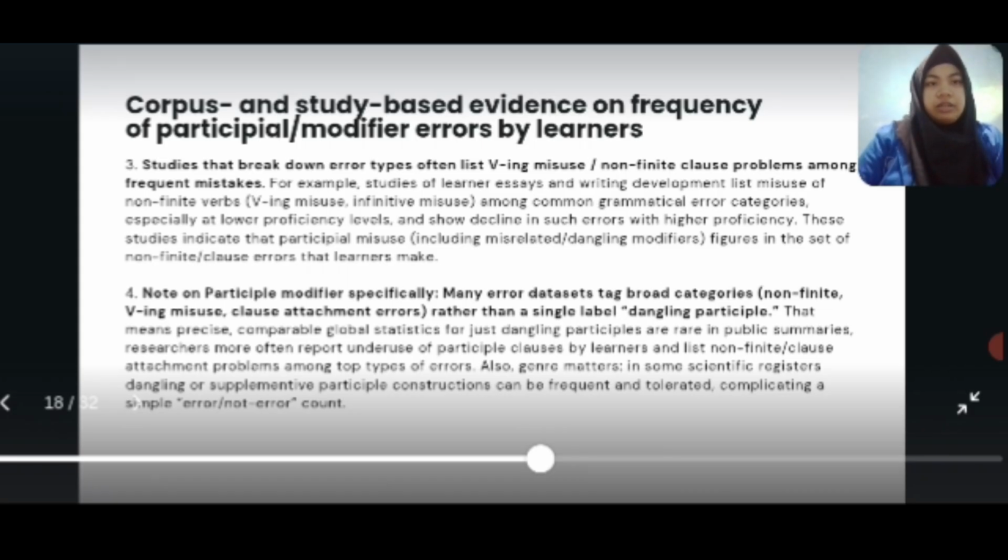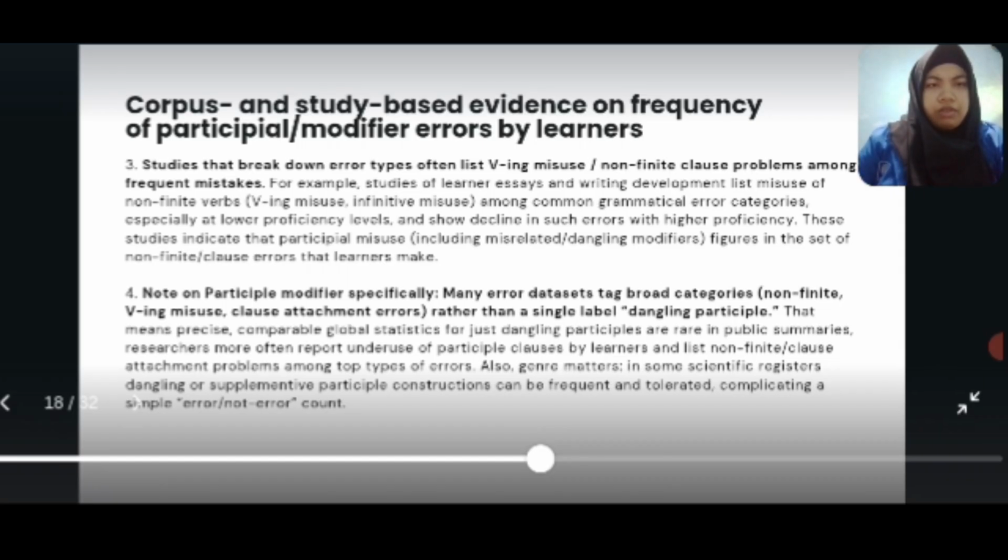These studies indicate that participle misuse, including related or dangling modifiers, figures in the set of non-finite clause errors that learners make. Note on participle modifiers: many error datasets tag broad categories, such as non-finite, verb-ing misuse, and clause attachment errors, rather than a single label, dangling participle.